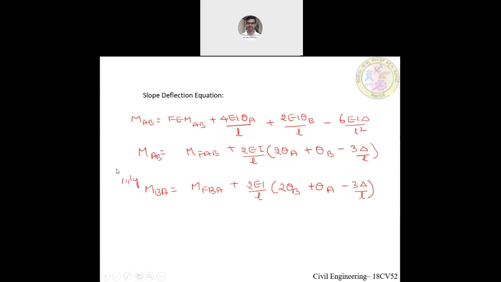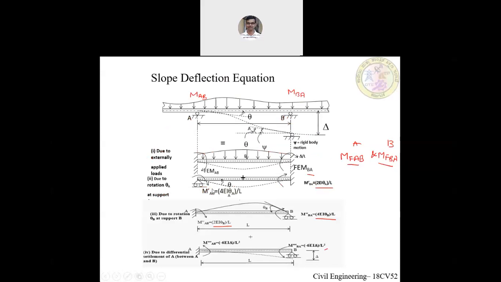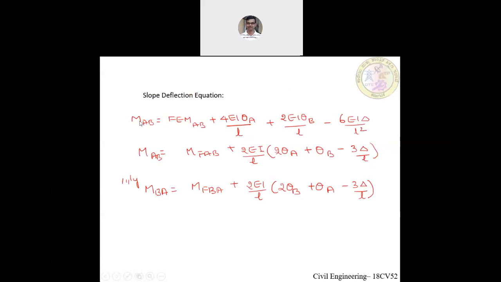Now that I have added all the components to calculate the total end moment which is acting, MAB is equal to the fixed end moment at AB plus, because of rotation θ, 4EIθA/L at support A, and because of the rotation at support B, the moment generated at support A is 2EIθB/L, and because of the sinking, minus 6EIΔ/L².